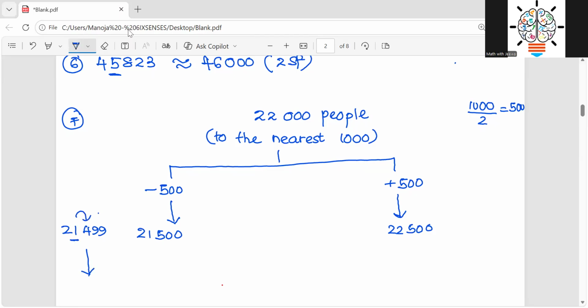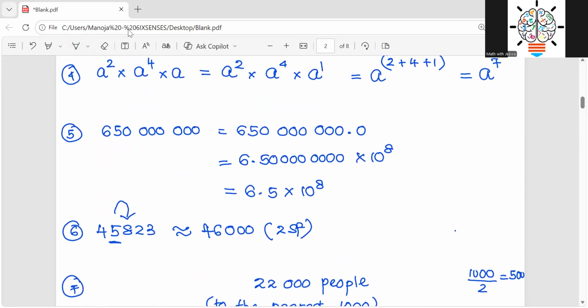The answer will be 21,000. It is not 22,000. To give you the answer 22,000, this value should be the minimum number or the lowest number, right? So then this is the minimum value, right? So then when you correct this number to the nearest 1,000, that becomes 22,000.